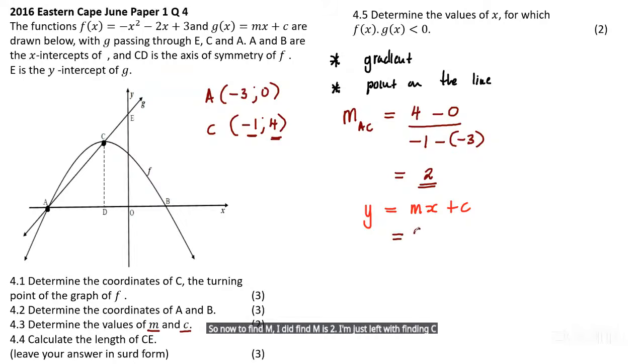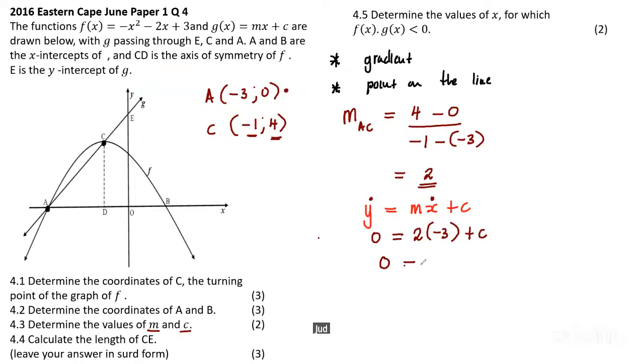Currently m is 2. For the y value and the x value, you can substitute any coordinate. You can choose to substitute point A, where y is 0, and the value of x is -3. You can even use the coordinate of C, you still get the same answer.